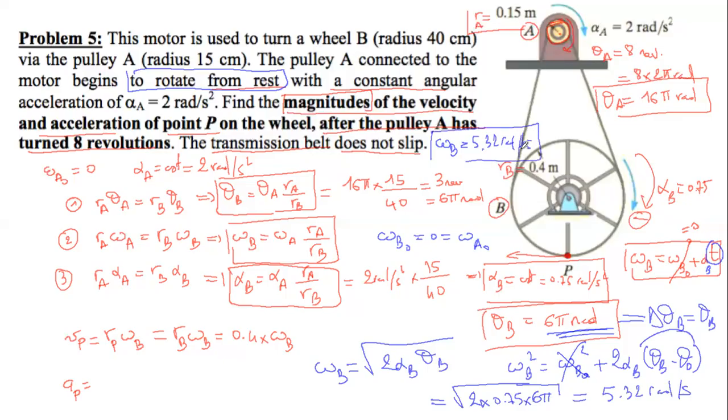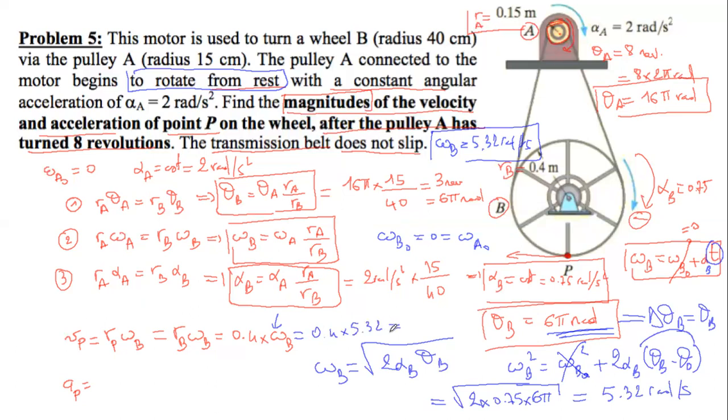Once I know it, I will plug it here. After 8 revolutions of A, meaning after 3 revolutions of B, I will have omega B equal to this. So basically VP is 0.4 times 5.32.